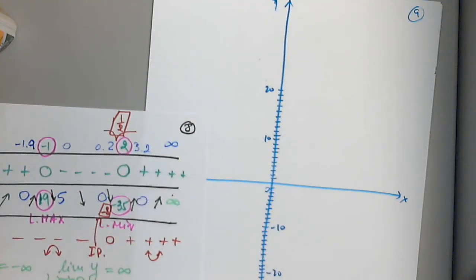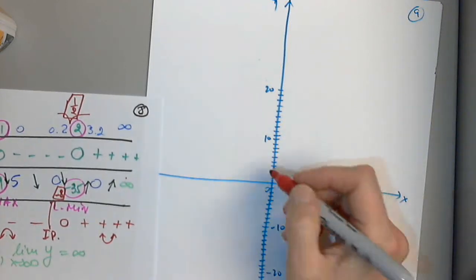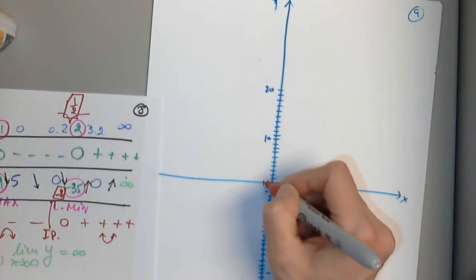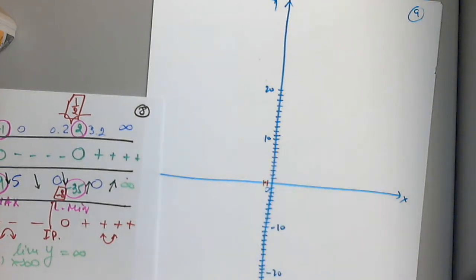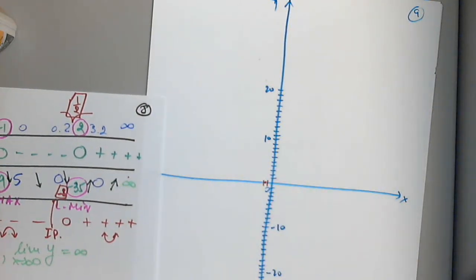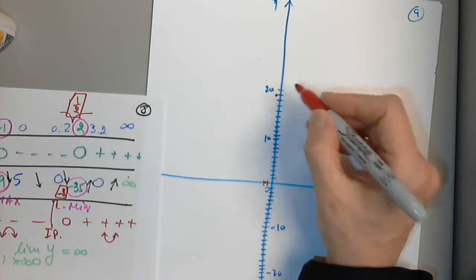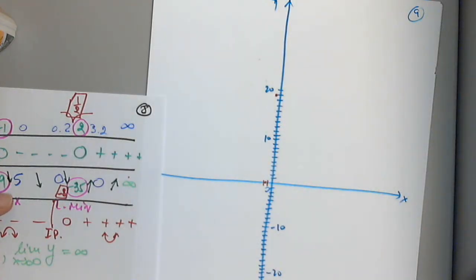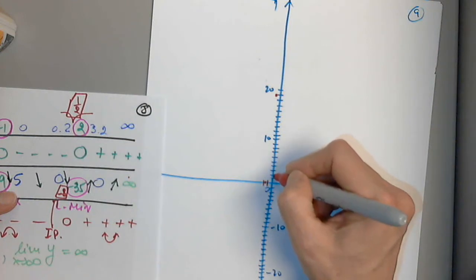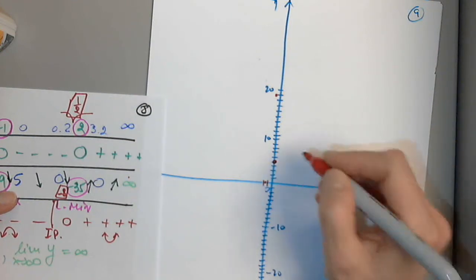So first, I will plot the points. Negative 1, 2. I'm going to say it's here. Negative 1 with positive 19. And 0, 5. 1, 2, 3, 4, 5.